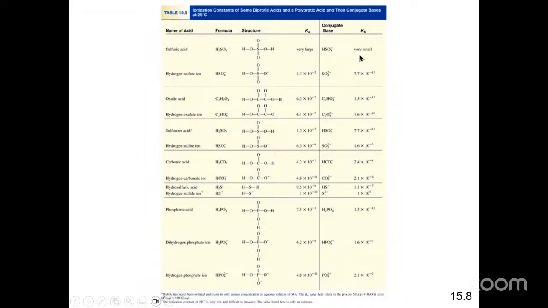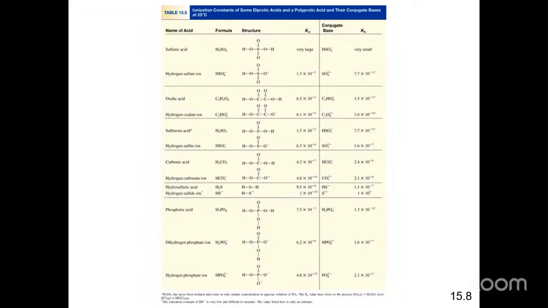You'll notice that in the case of sulfuric acid, remember, sulfuric acid is a strong acid, which means that the first dissociation is very strong, which means that the Ka is basically infinity, very large. And over here, the conjugate base of that acid has a Kb value which is very small, almost zero. All right?